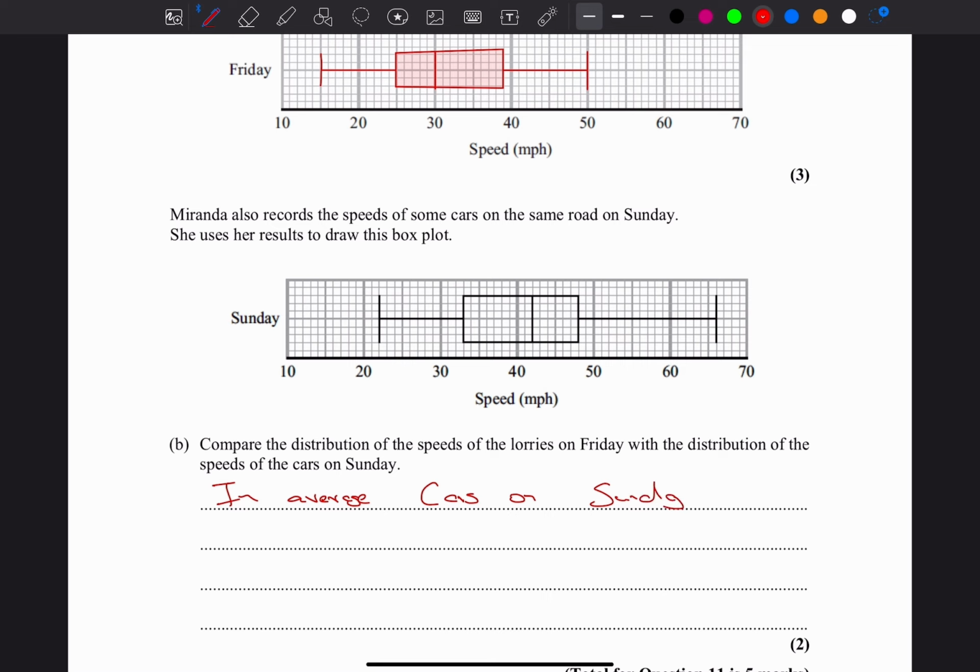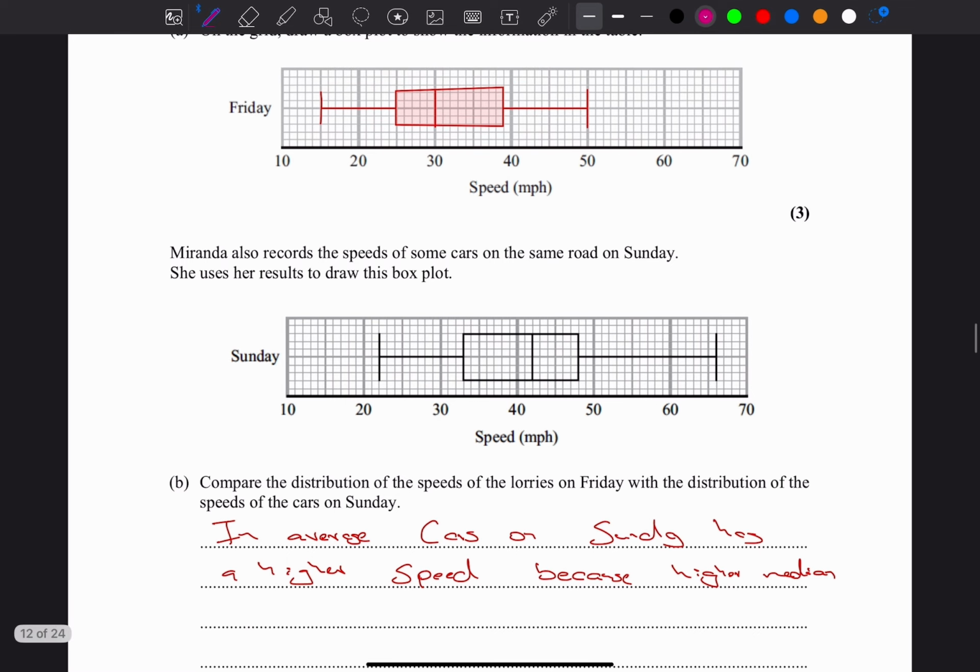Sunday has a higher speed because they have a higher median. Okay, higher median of what number? 42 versus the other one, 30. Okay, this is Sunday. Saturday, I think. No, Friday.